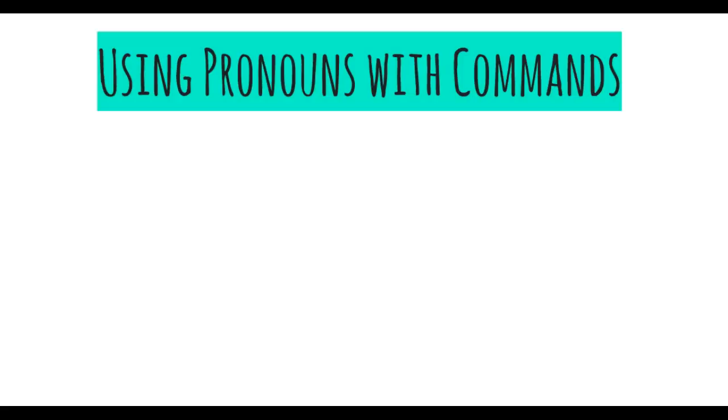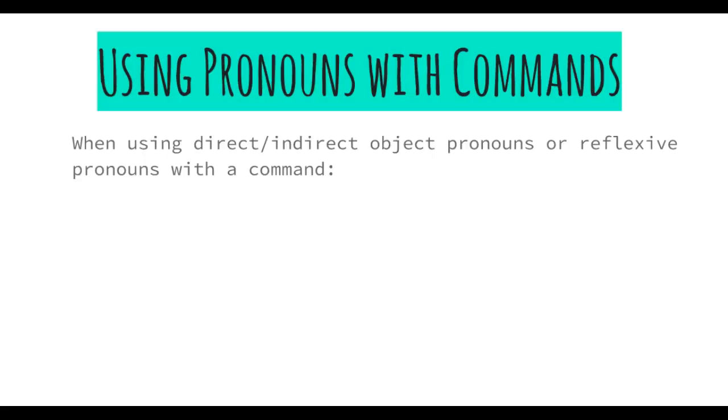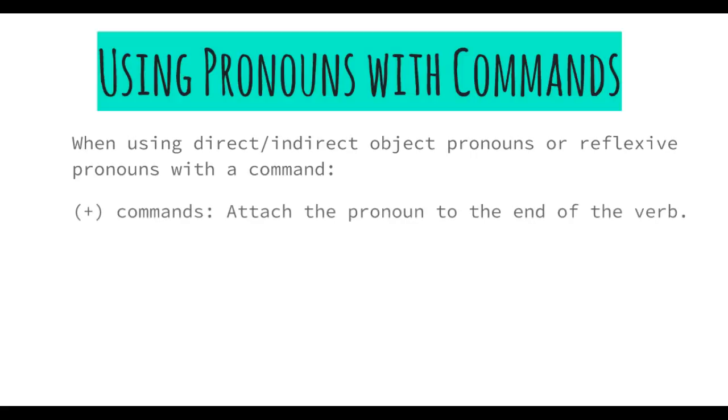The last thing I want to discuss is how to use pronouns with commands. When you're using a direct or indirect object pronoun or a reflexive pronoun with a command, here's what you need to remember. If it is a positive command, you will attach the pronoun to the end of the verb. For example, hazlo, make it or do it.